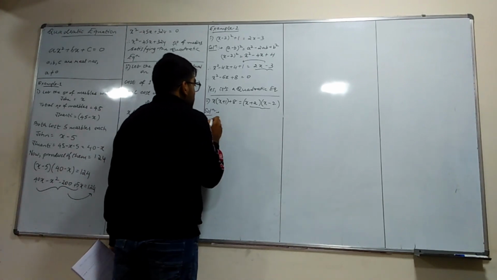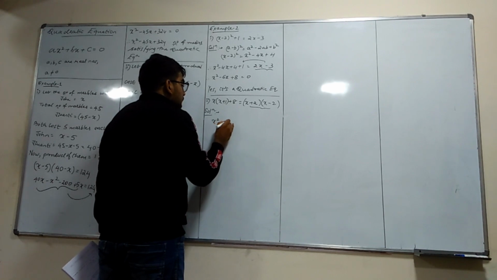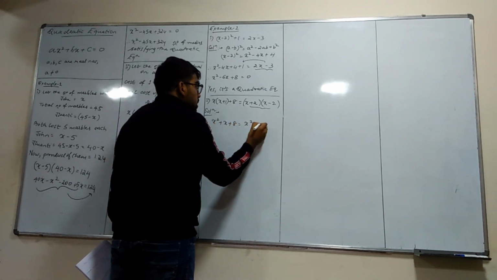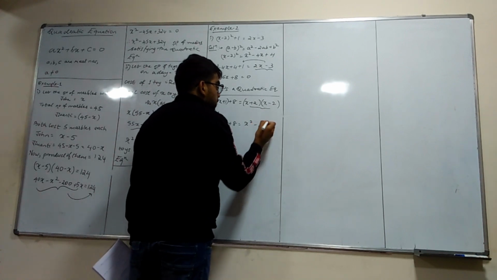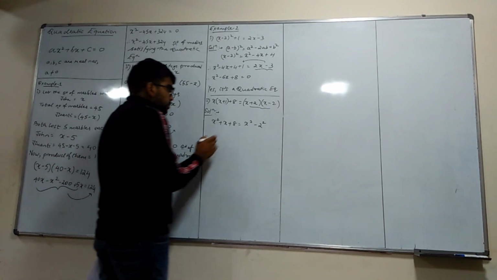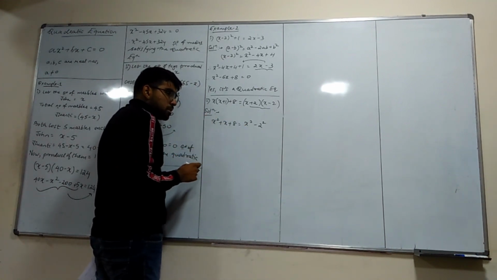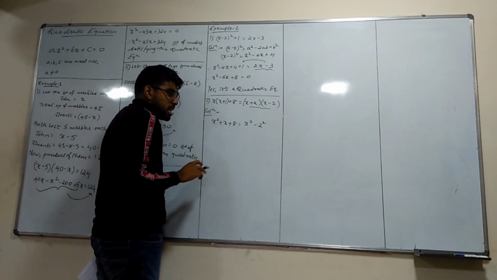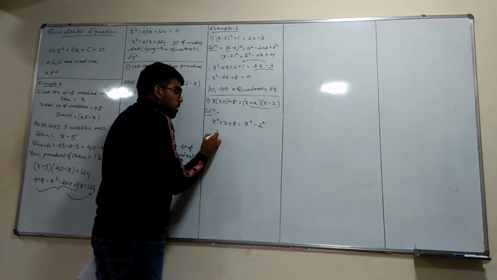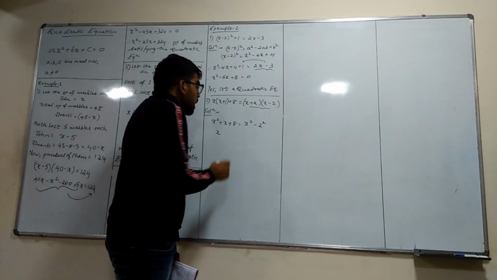When you solve this, x into x plus 1, x square plus x plus 8 is equal to a square minus b square, 2 square. X square, when this x square comes to the other side, x square minus x square, the term is cancelled. We will be left with x. 2 square is 4.